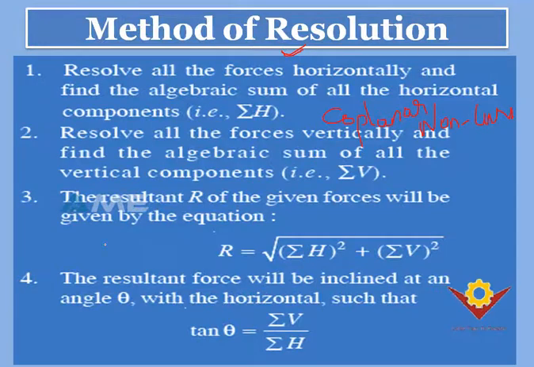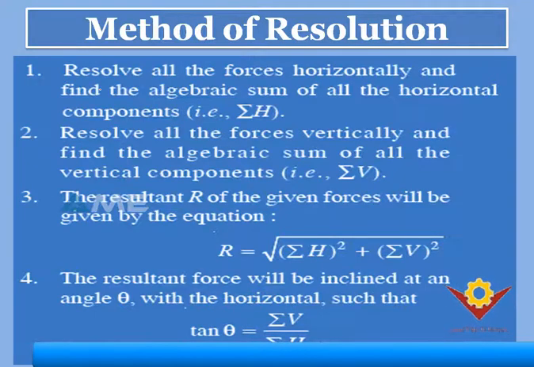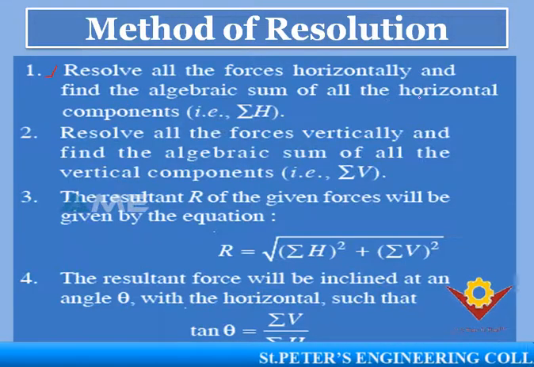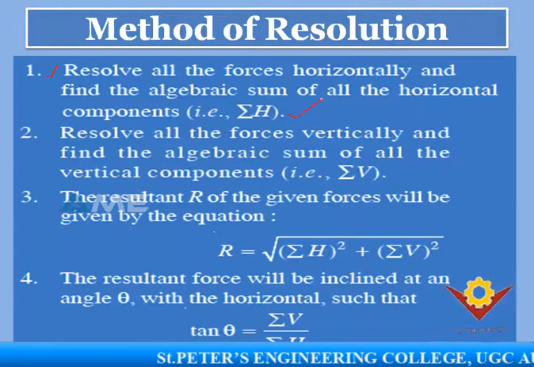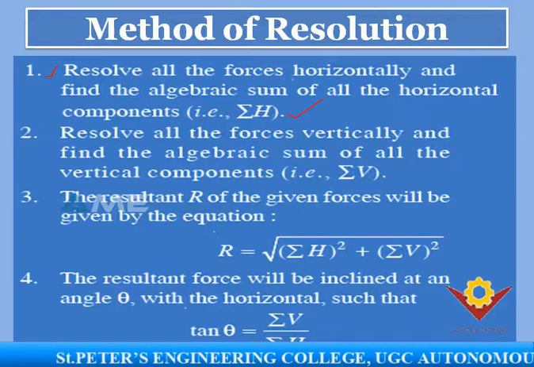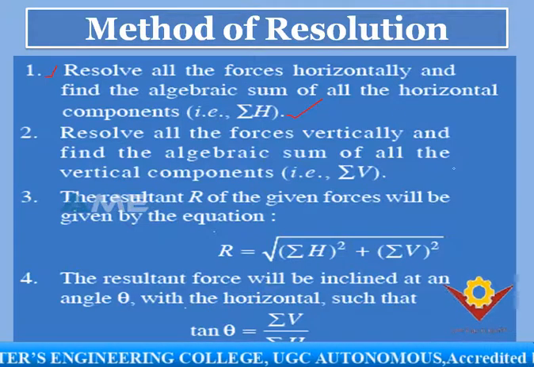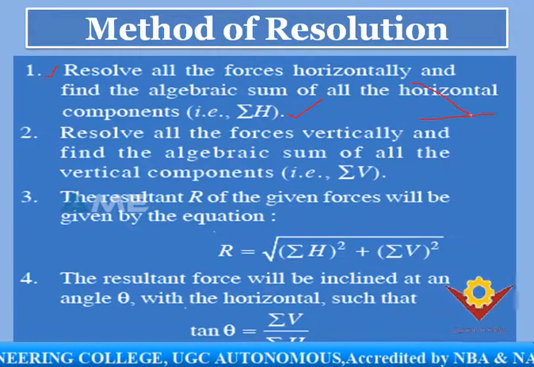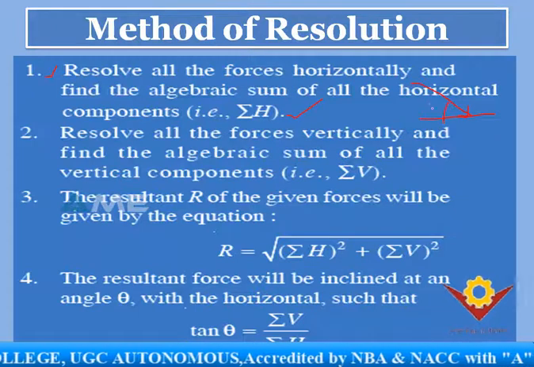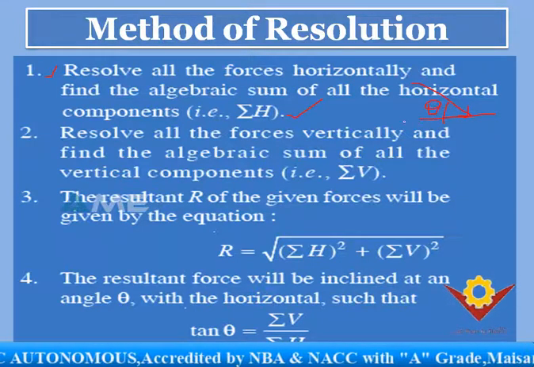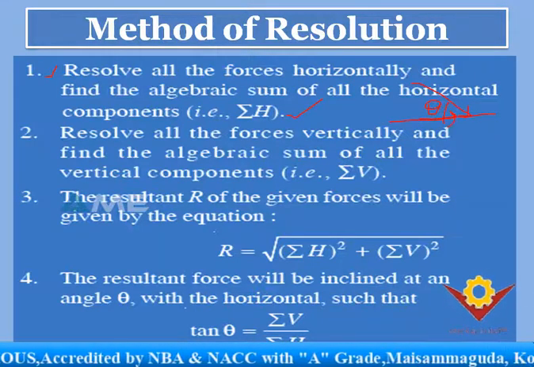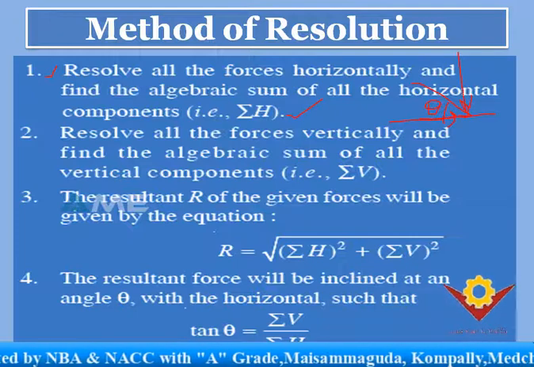Here, by the method of resolutions, we have a few points on how to solve your problem. The first one is to resolve all the forces horizontally and find the algebraic sum of all the horizontal components. For example, if your force is acting in an inclined way, making theta with the horizontal, you can resolve that into two components, a horizontal and a vertical component.